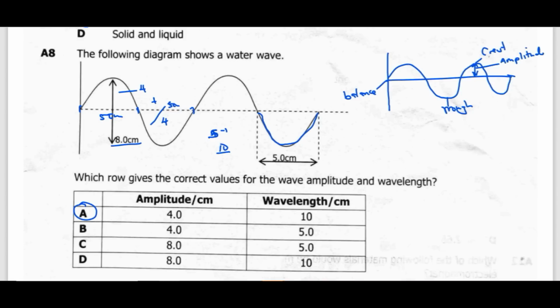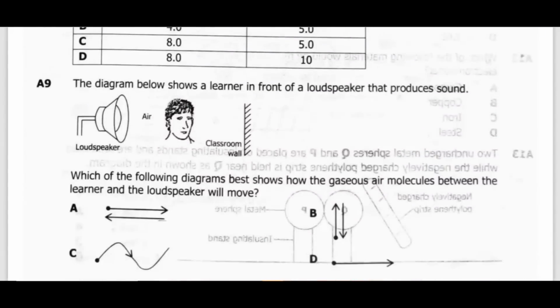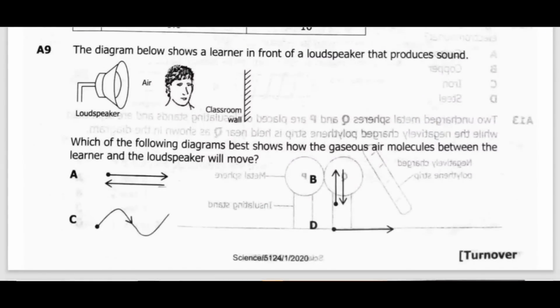Okay, so we can move. The diagram below shows a learner in front of a loudspeaker that produces sound. So this is a loudspeaker, it is producing what? Sound. So we have a mirror here. So this is the classroom wall, and then we have the loudspeaker there.